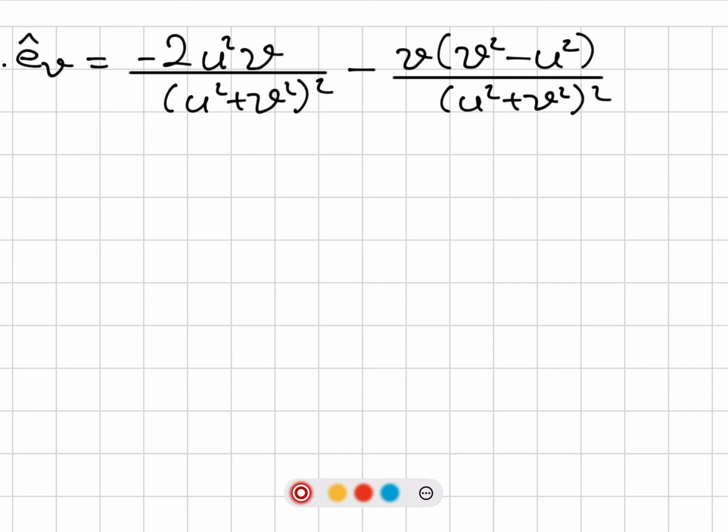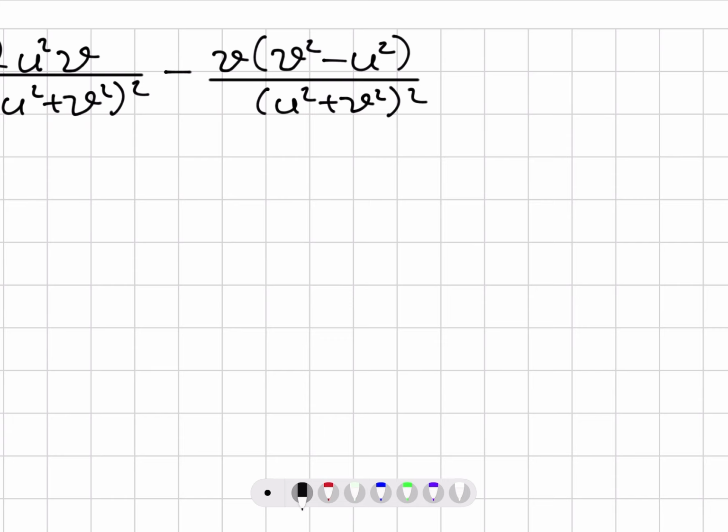And when I take this into minus v parentheses, I have v square minus v square, u square, and minus v parentheses will give me plus 2u square. So 2u square minus u square will become u square plus v square.